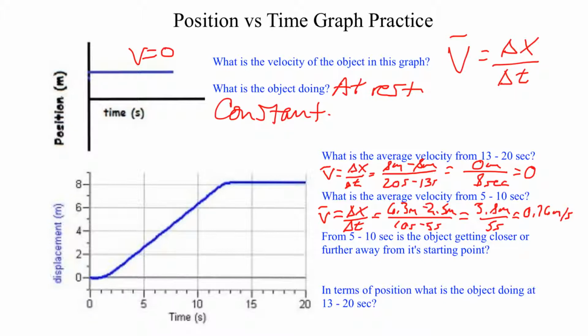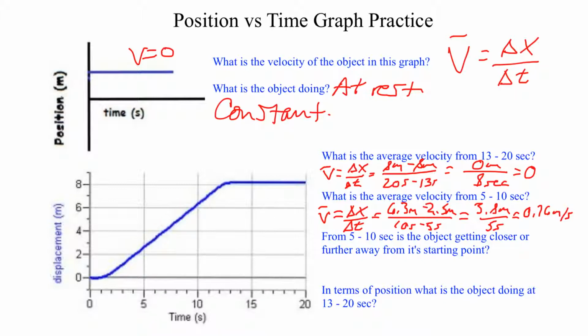It went from 2.5 meters to 6.3 meters. There is some change in position here. Is that change getting closer to 0 or further away from 0? To me, that is getting further away from 0.